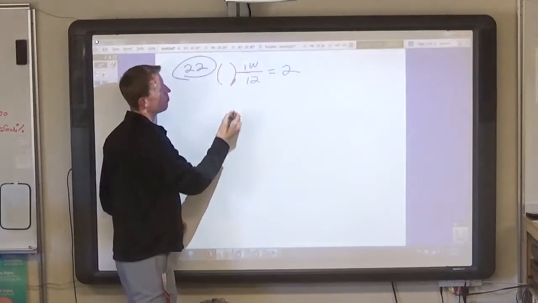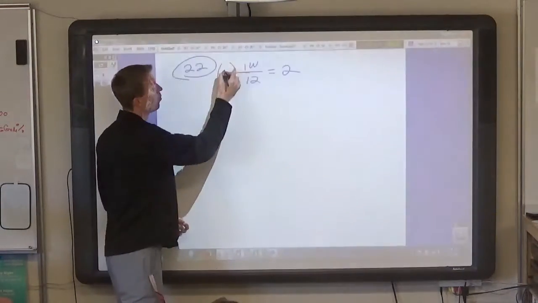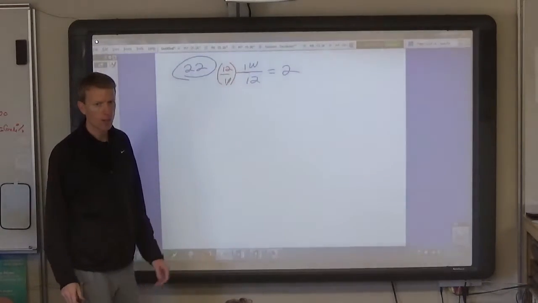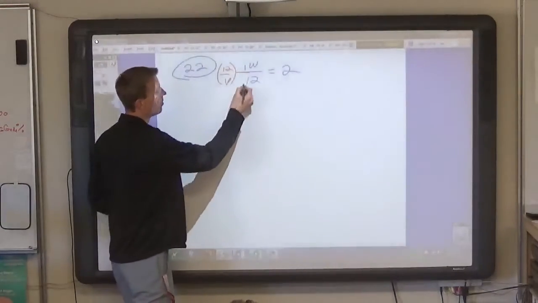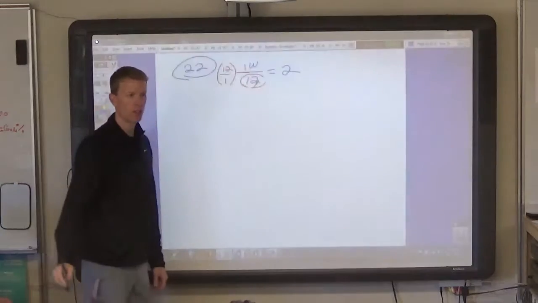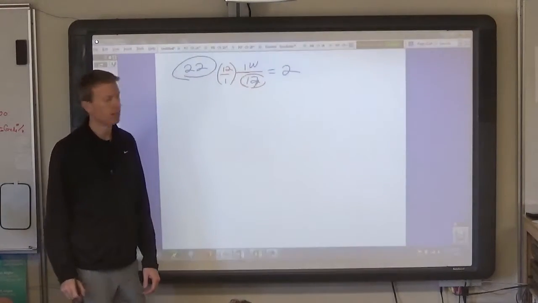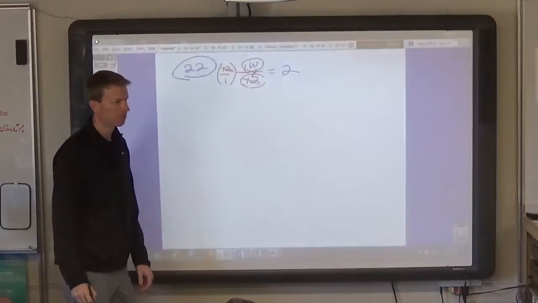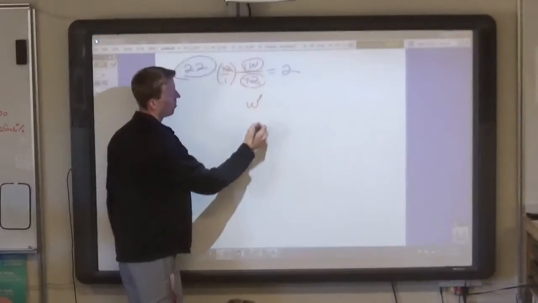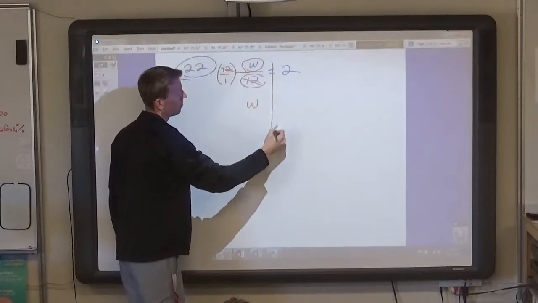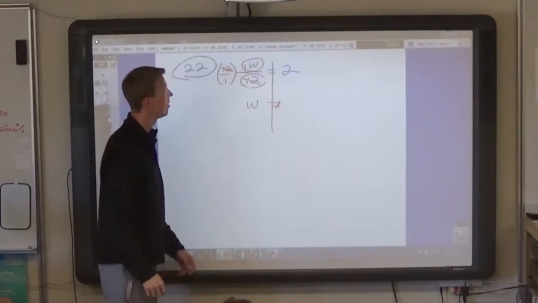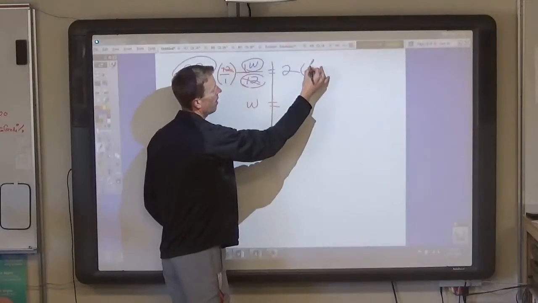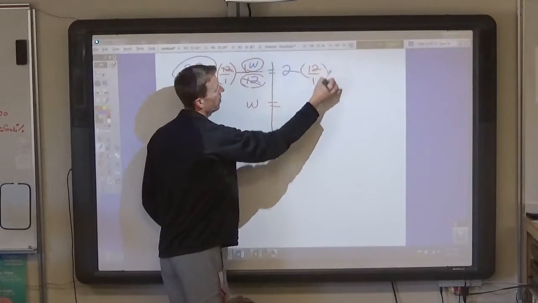So what we have to do is multiply by 12 over 1. We have to put this number on the top line so that we can cross it out. And that leaves us with 1W.